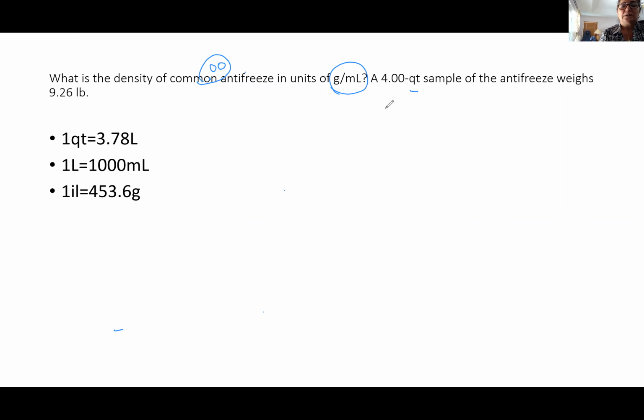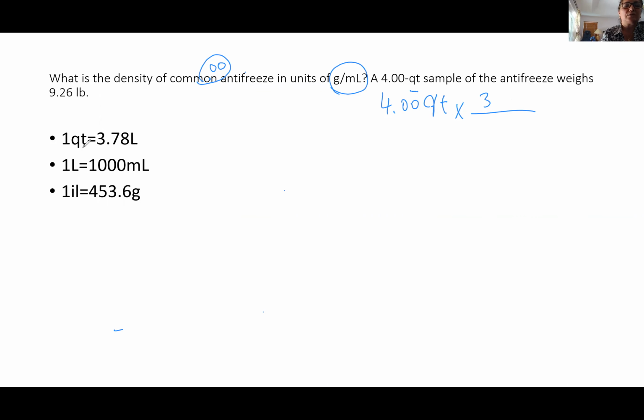Okay, so we have 4.00 quart, and we want to change that to milliliter. So we change it to liter first. 1 gallon is 3.78 liters.